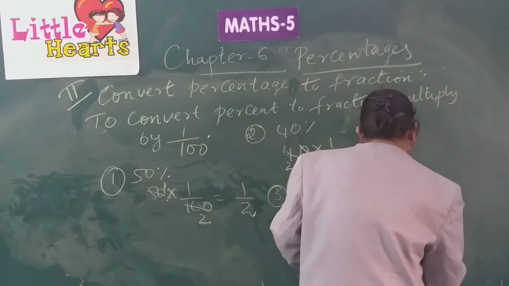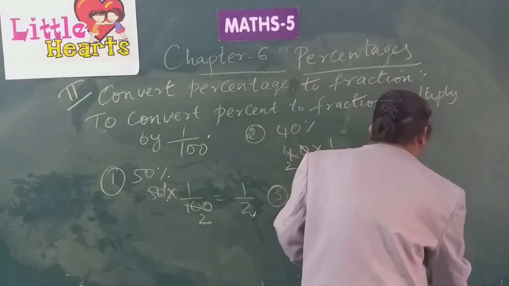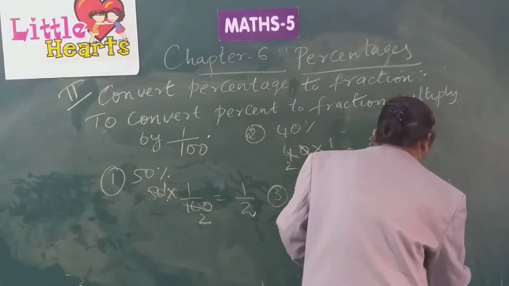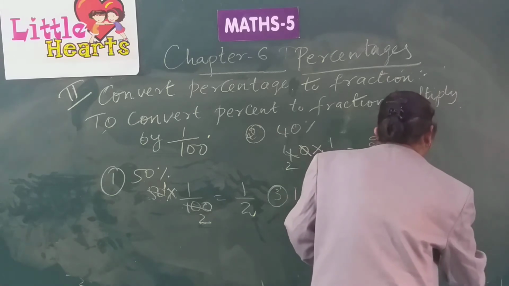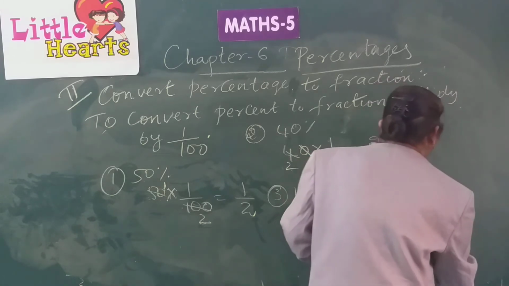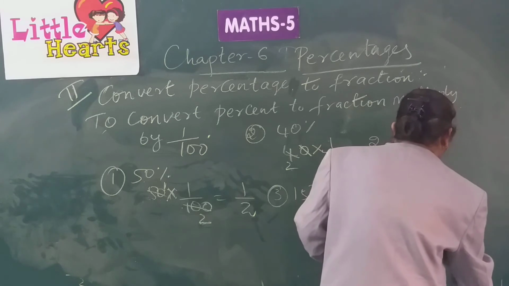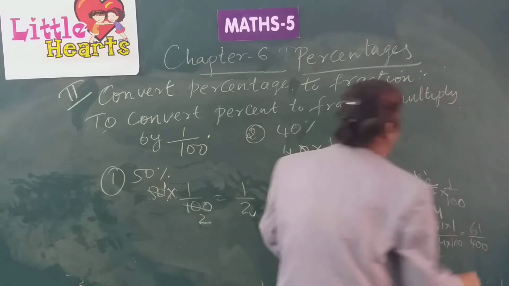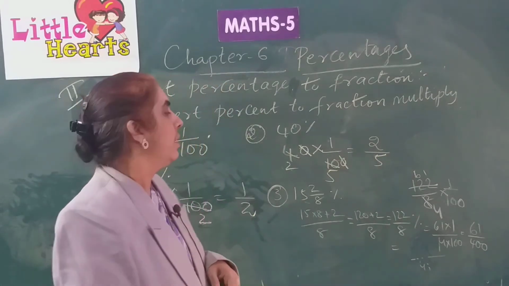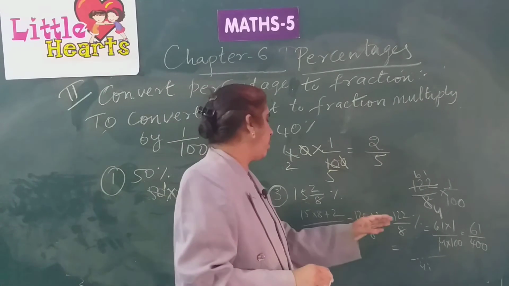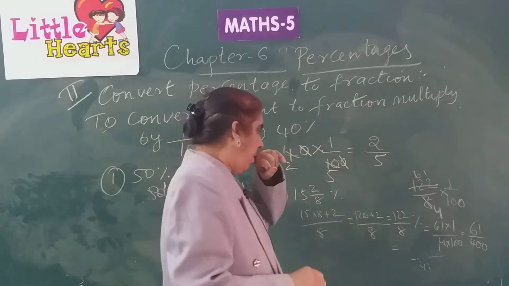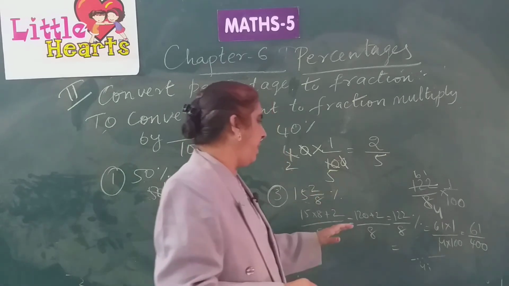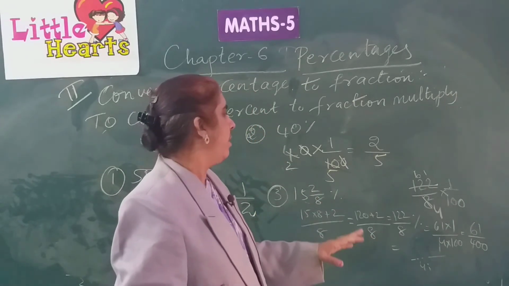That is 61 into 1 by 4 into 100. 61 by 400, it cannot be further cancelled. That is the fraction of 15 2 by 8%, which means 61 by 400.